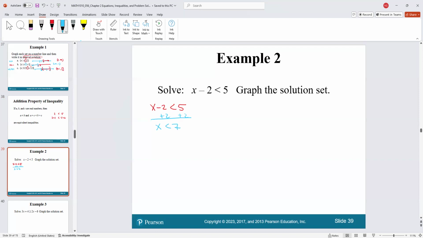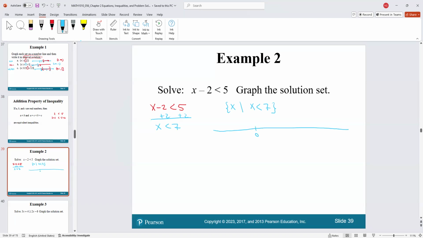Now, what we are asked to do is to graph the solution set. Remember, the solution here is x such that x is less than 7. We call that set builder notation. They also ask us to graph it. On a number line, suppose this line is very straight.